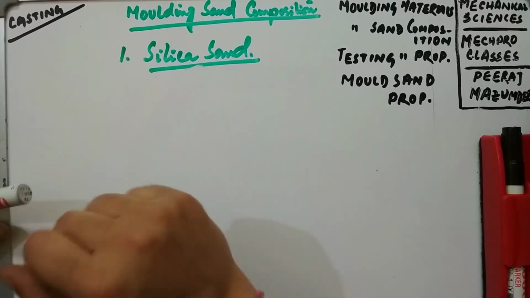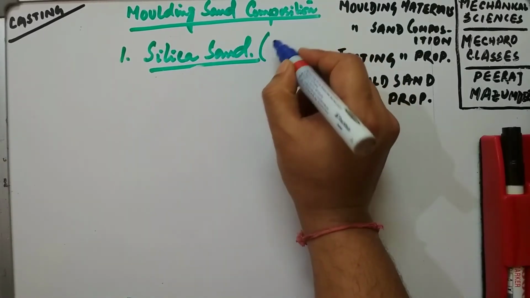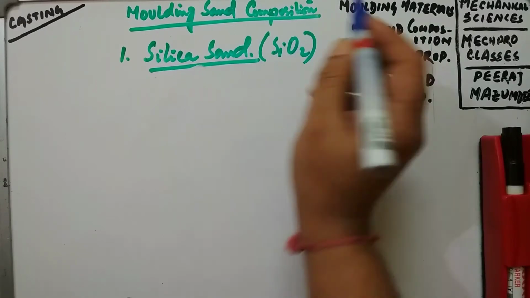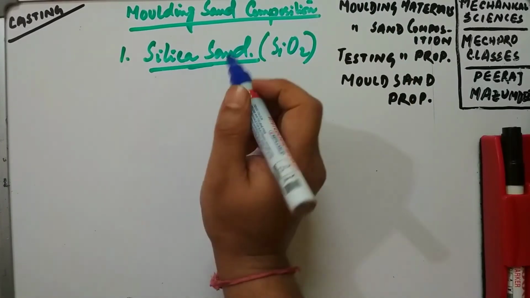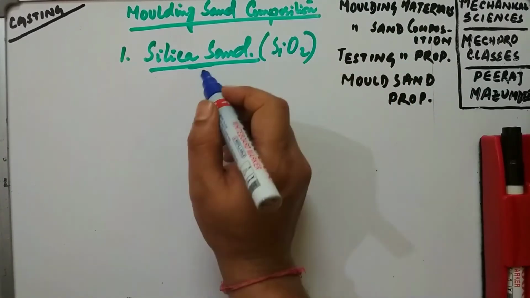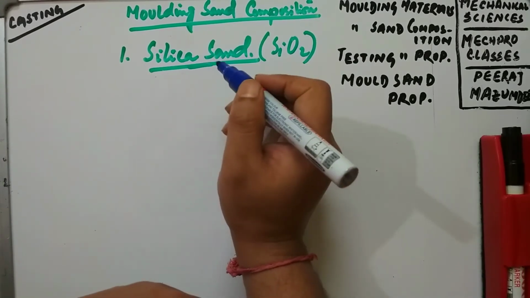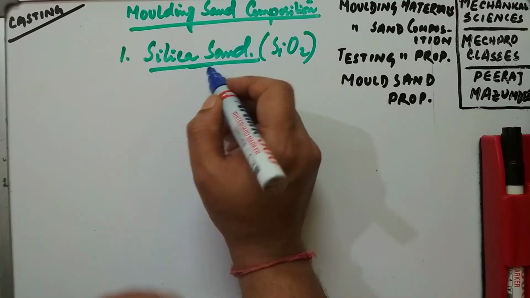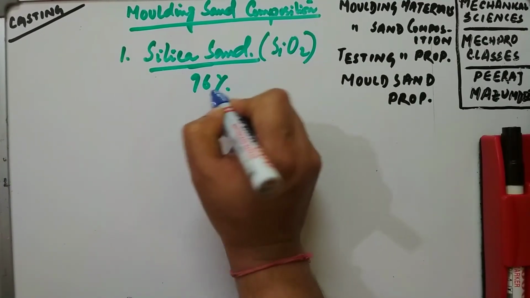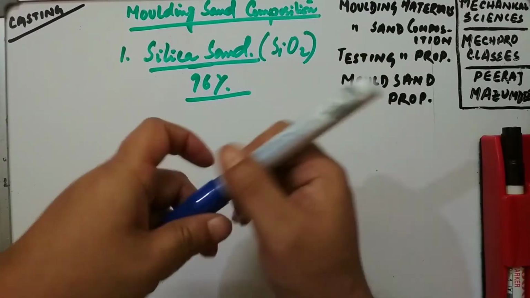Now, coming to the silica sand, you have to memorize the percentages as well. The sand which forms the major portion of the molding sand, up to 96%, is essentially silica grains.